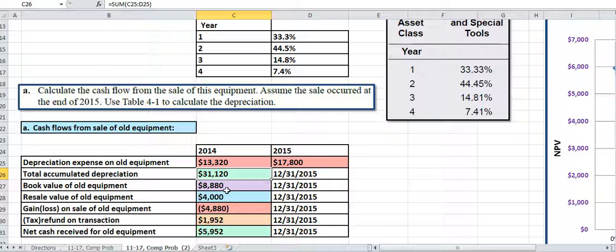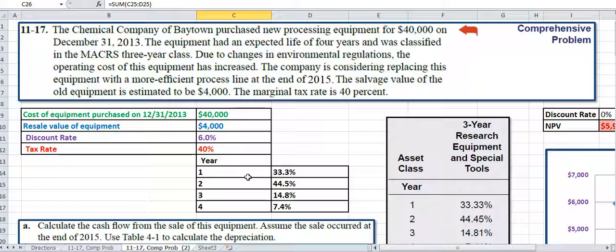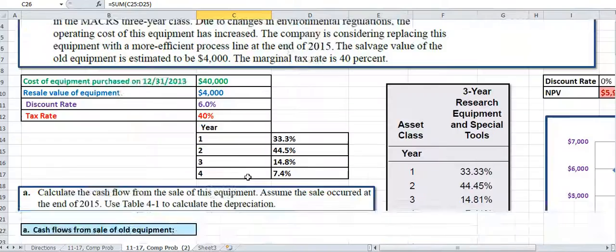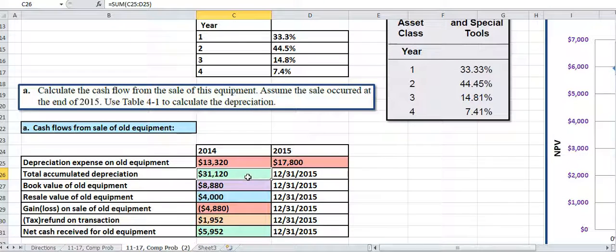And then we want to put in the book value of the old equipment, and I believe we're given that somewhere. No, we're not. Sorry.